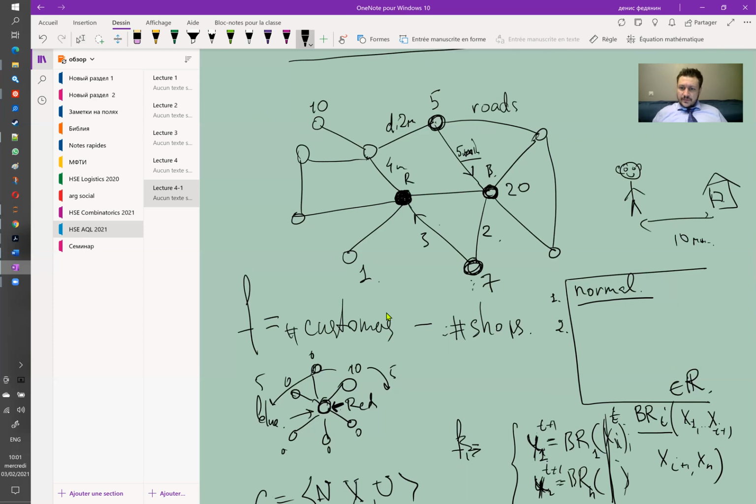Another thing is the extensive form game, which means that, for example, they have another ring here. So, for example, we have a monopolist, a man who has a lot of money or power, and he wants to find the place first.